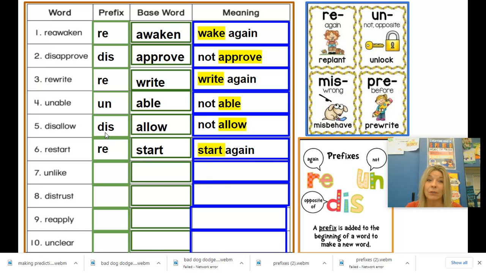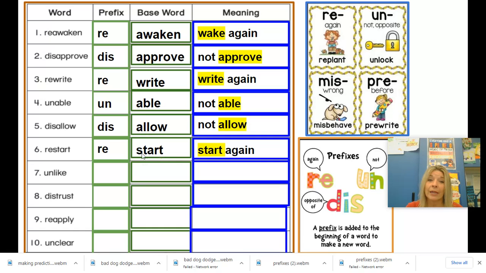If someone will disallow you to do something, they're not allowing you to do it. I use the base word in my definition or meaning. The last one we're doing together is restart. Prefix re, did you get that right? Base word start. I use my base word in the definition or meaning, so restart means to start again.